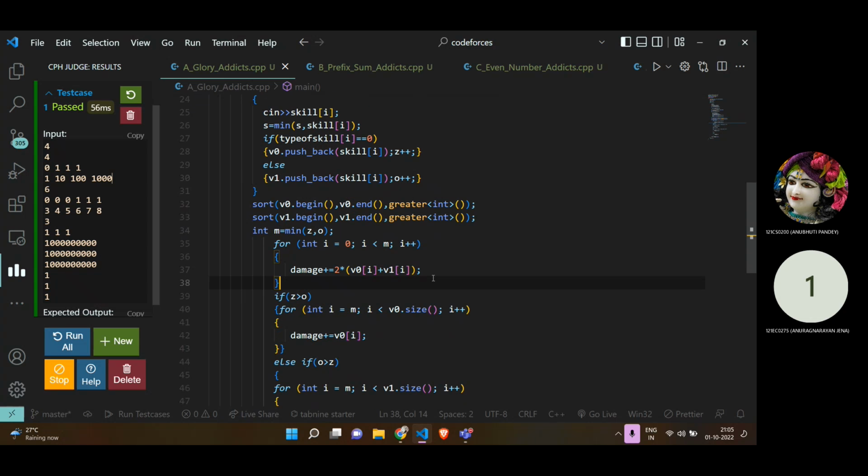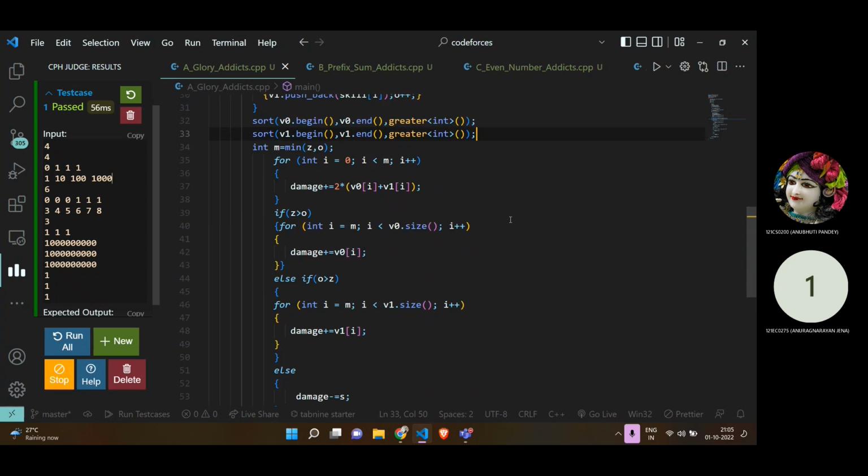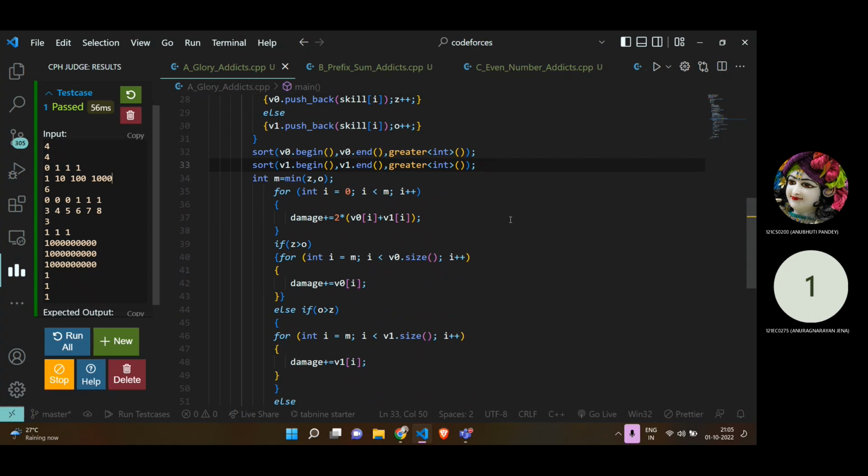After that, we will sort these vectors. We sort the 0 vector and sort the 1 vector with greater precedence, means in descending order. Then we find the minimum out of the 0 and 1, which is the minimum number of skill types.